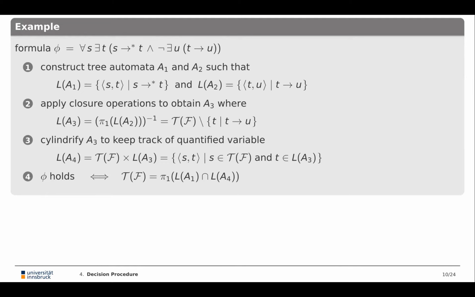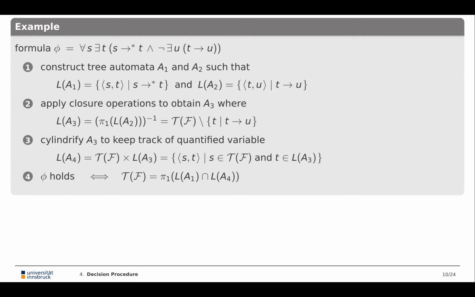Since outside of this, we again have the existential over T, we again project to the first argument, which then represents the set of all possible S's of the formula. Since this is universally quantified, this should accept all ground terms if the formula holds. And this can be easily checked using emptiness by checking if the complement of this automaton is empty.